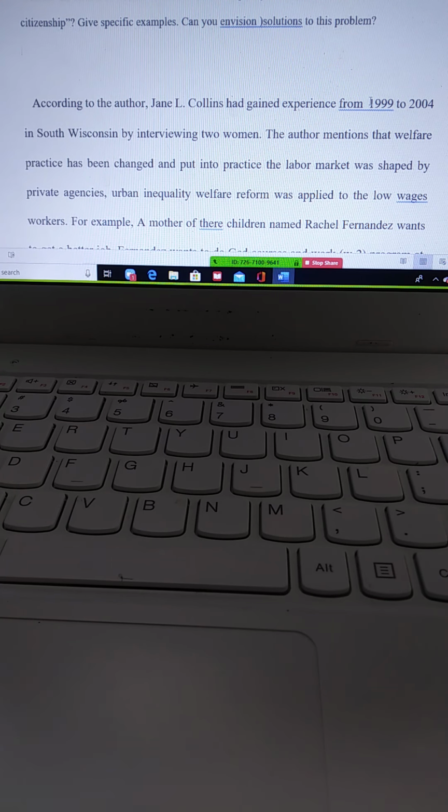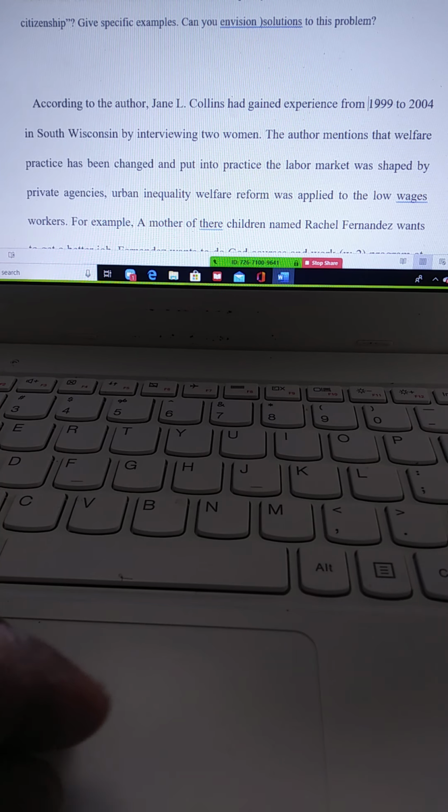Okay. So according to the author Jane L. Collins. Again, you need the title though. I would say according to the article or according to the book written by. Makes sense?